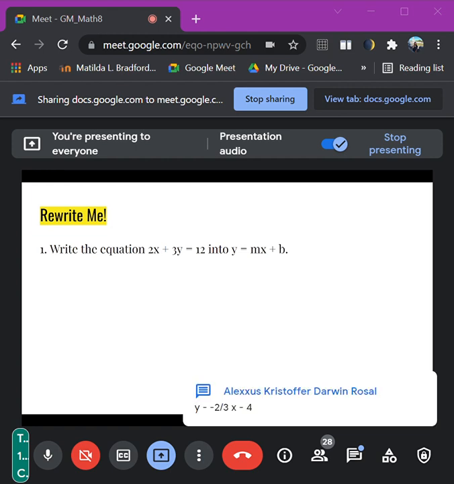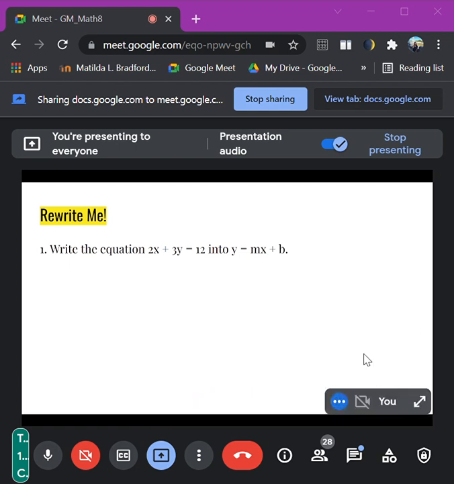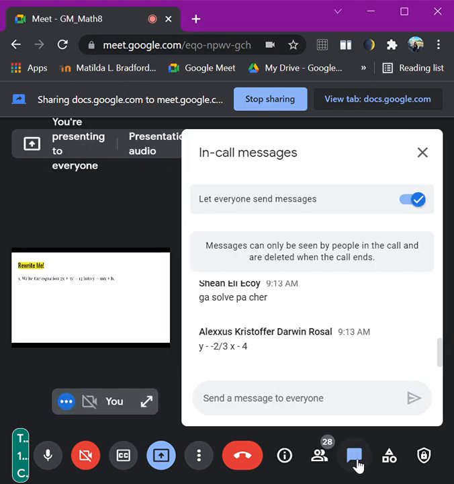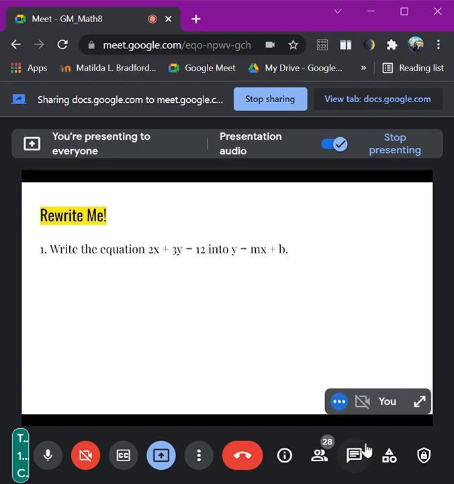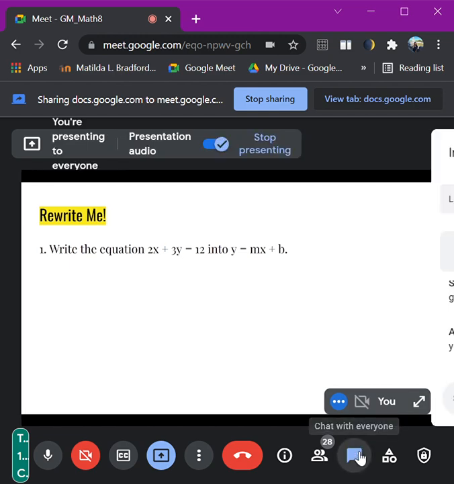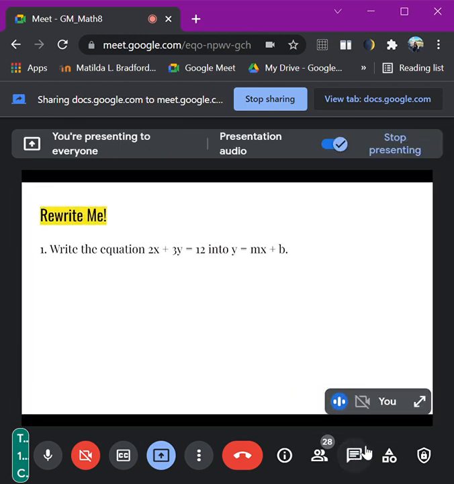We have from Rosal, y is equals to negative 2/3 x minus 4. How about the others? What are your answers?